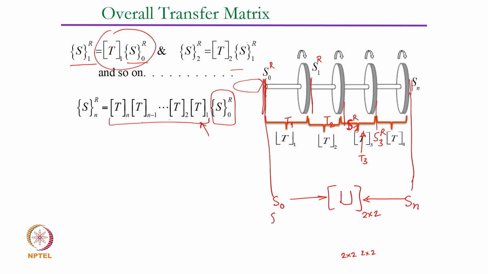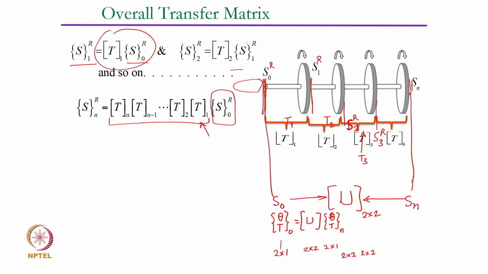So, the state vector here is going to be theta and torque, related through this overall transfer matrix to theta and torque at the nth station. Okay. So, this is a 2 cross 1 vector, this is a 2 cross 2 matrix, and this is 2 cross 1.